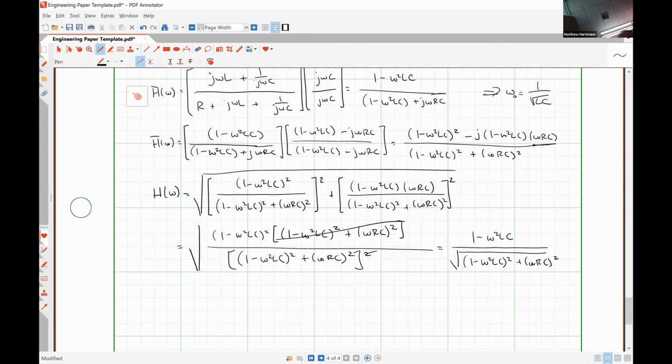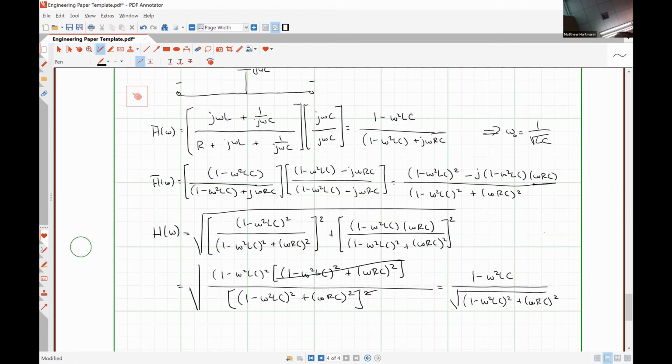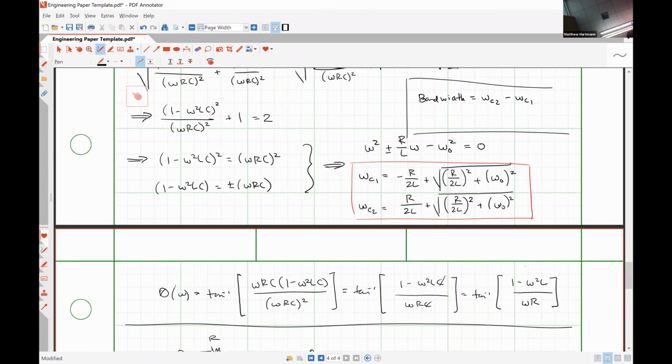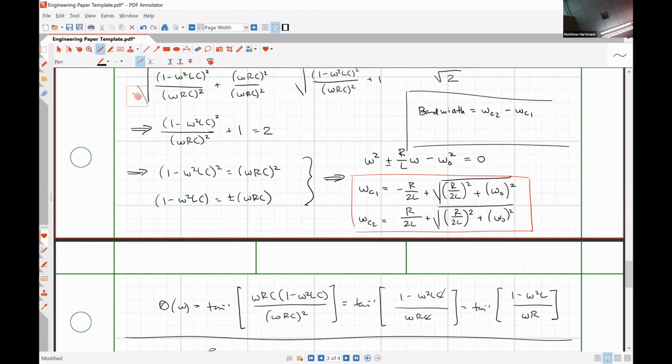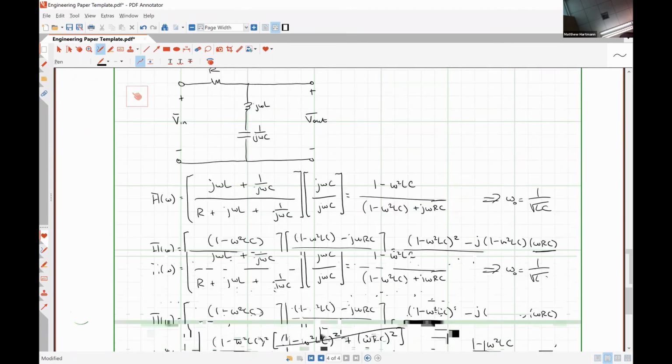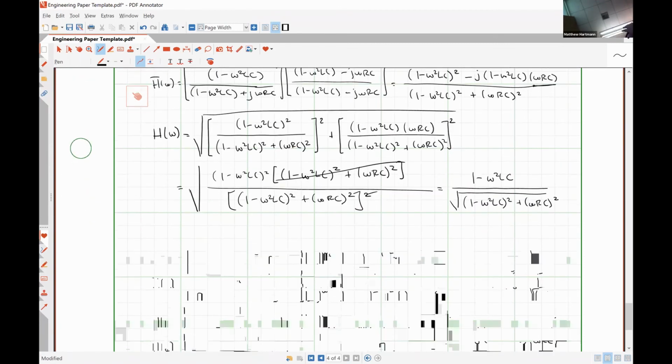So our corner frequencies, I want to take a look back at what we had. We're going to wind up with exactly the same situation, except that I would put my plus or minus sign on the 1 minus omega squared LC side and leave just positive omega RC. So we're going to have the exact same corner frequencies, and I don't feel the need to derive all of that again.